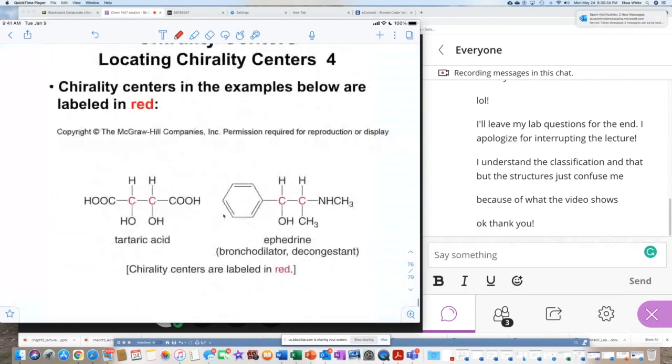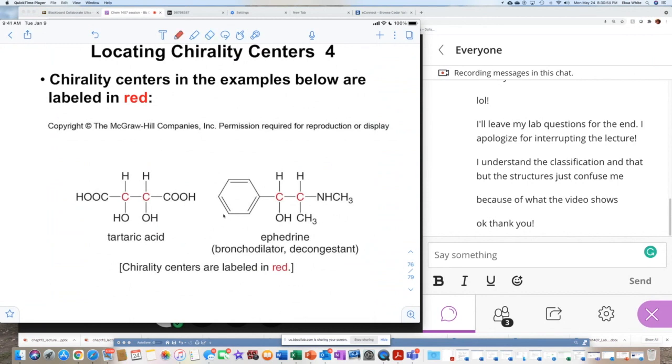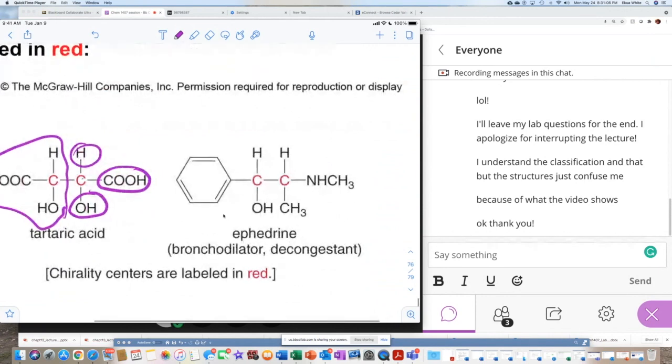Looking at this, let me show you the chiral carbons. This carbon right here is chiral. It's surrounded by 1, 2, 3, 4 different groups. Let me erase that and show you the carbon on the right with a different color. This carbon is chiral, surrounded by 4 different groups. The one on the left here is also chiral, surrounded by 4 different groups.